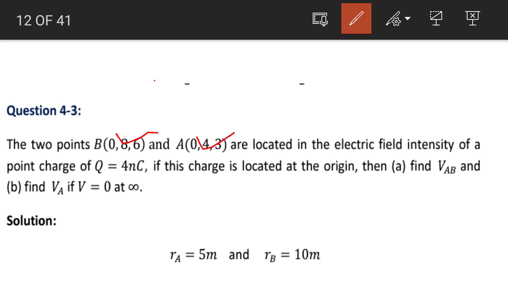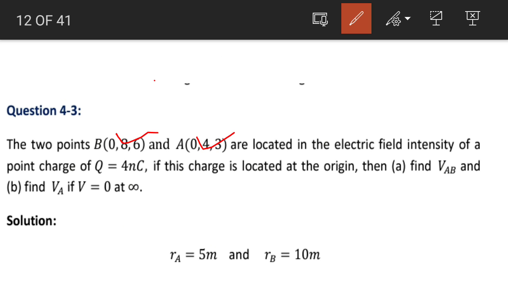If this charge is located at the origin, then find VAB. We need to find out the voltage between these 2 points, and then we need to find out VA if V is 0 at infinity.